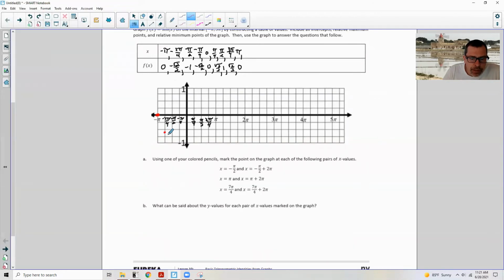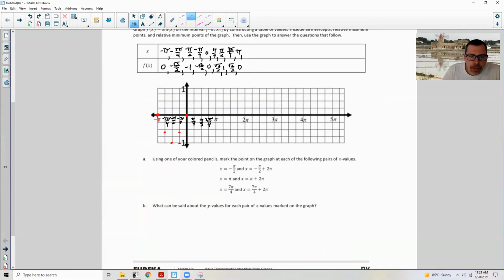It would be right here. Negative pi over 2 is negative 1. Negative pi over 4 is negative root 2 over 2, which is about right here. And then we get back to 0, and sine is 0.